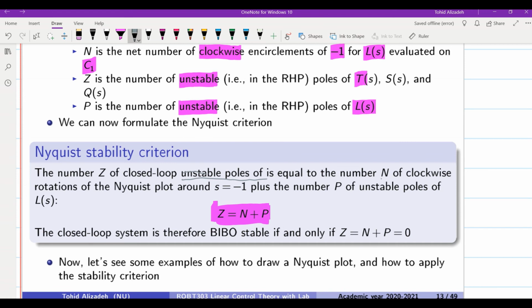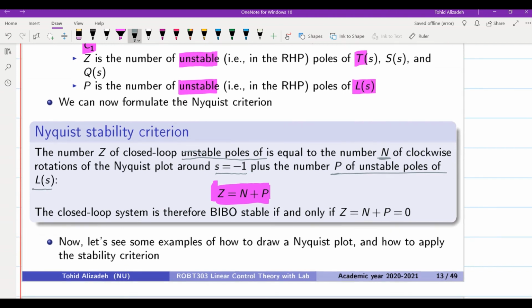It's equal to N, the number of clockwise encirclements of the point S equal to minus 1, plus the number of unstable poles of the open loop system, or L of S. So Z will be equal to N plus P.